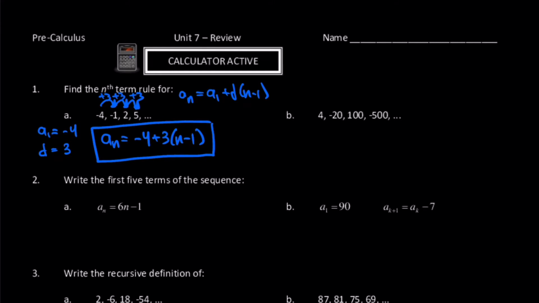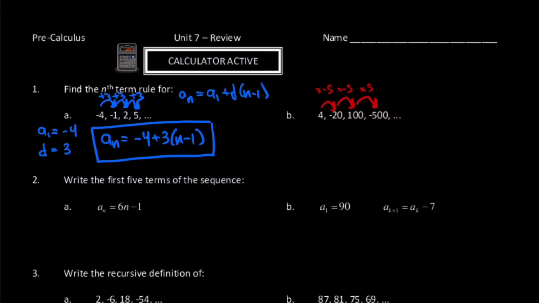Okay, the next one. What are we doing here? Going from the first term to the second, second to third, third to fourth. In this case, I'm obviously multiplying 4 to 20 to 100 to 500, but notice there's also negatives in there. 4 to negative 20, so I'm multiplying by negative 5 each time. So this is geometric.